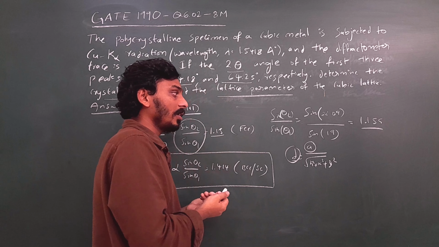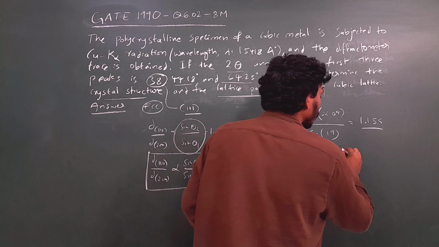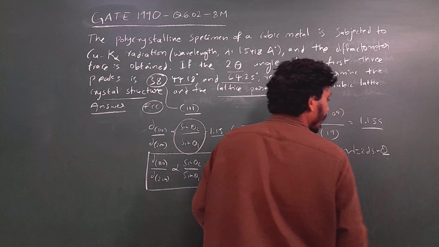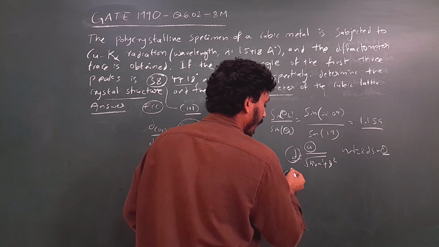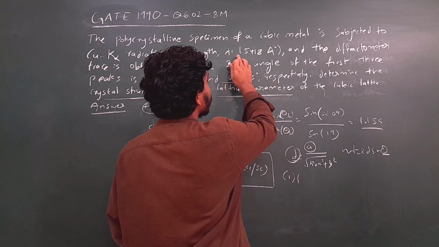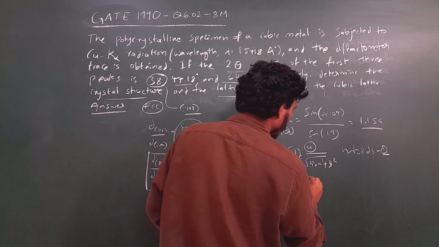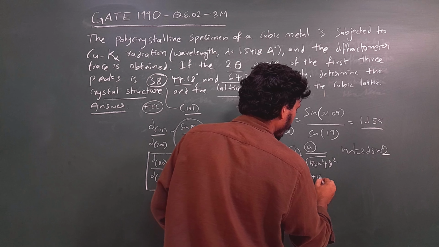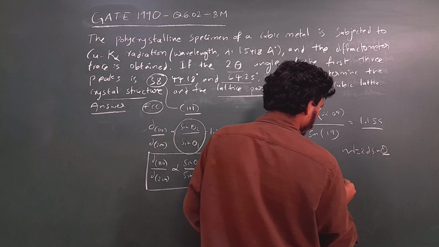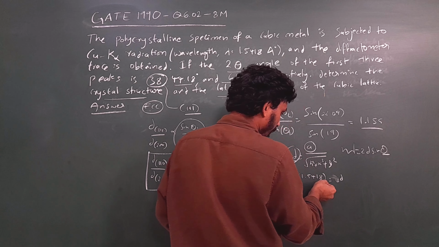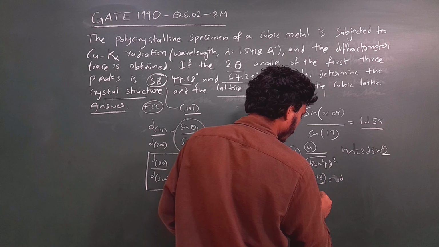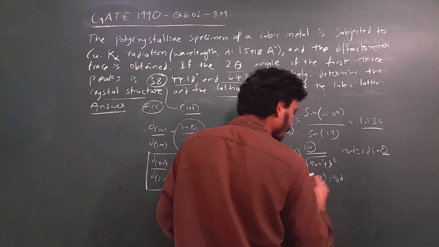How do you find d? We will go back to our Bragg's law, which says n lambda is equal to 2d sin theta. Put sin 19 here. n being 1, because it's always first order diffraction, and lambda he has given us 1.5418 angstroms. 2 into d we need to find. That means 1.5418 by 2 into sin 19 is our d value.